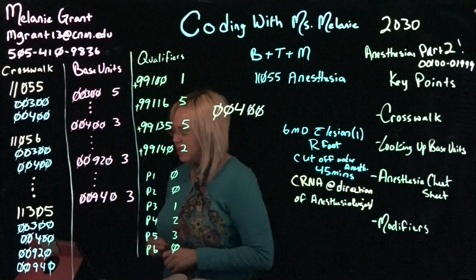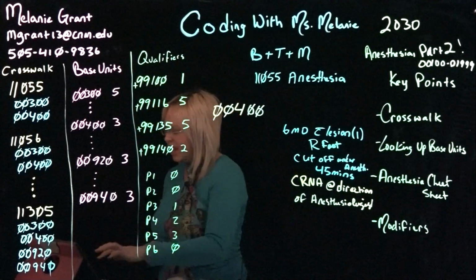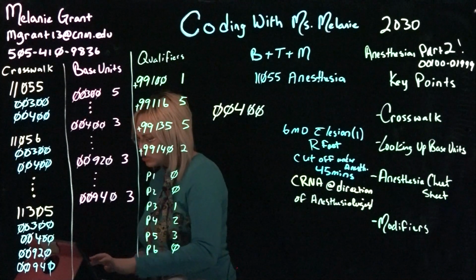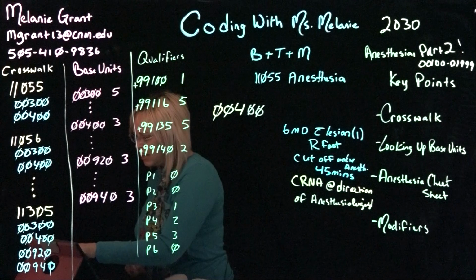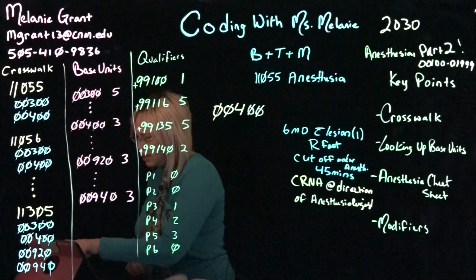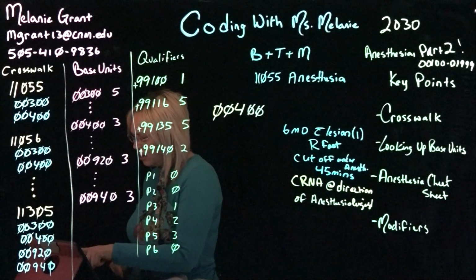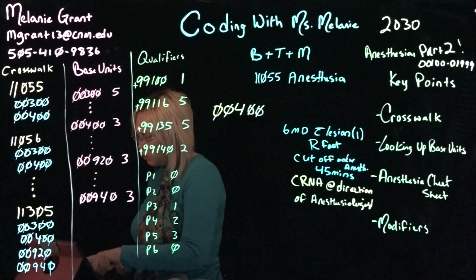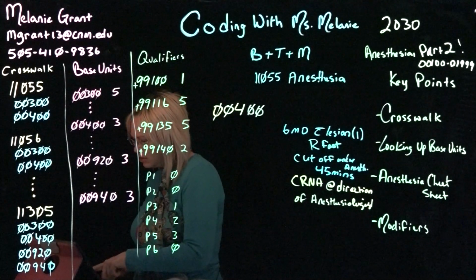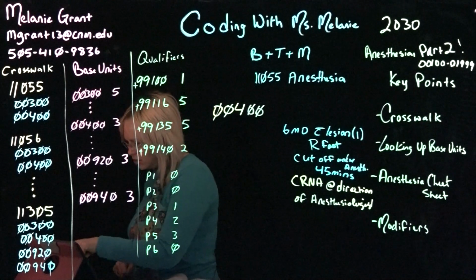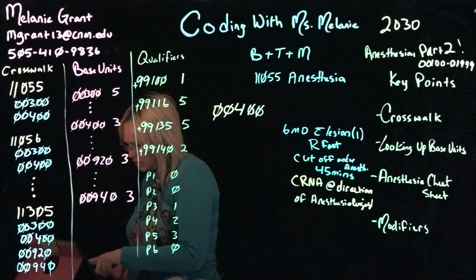I have physician and medical supervision. I have monitored anesthesia care for complex procedures. I'm just going to scroll down for those. I have CRNA directed by a physician, and then monitored anesthesia care, anesthesiologist directing one CRNA, CRNA without direction. Let's see.